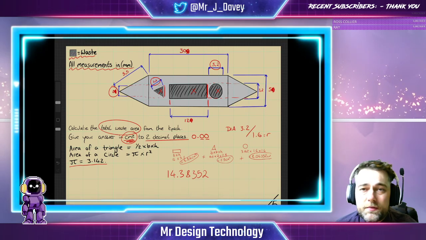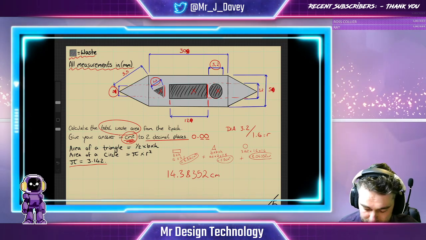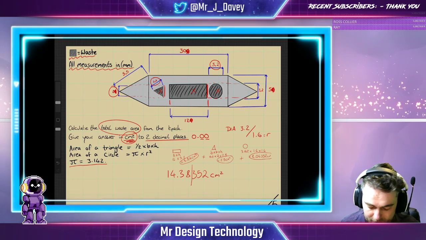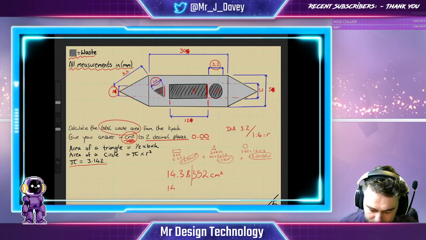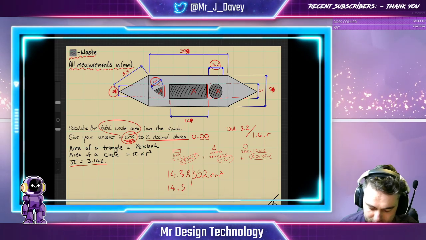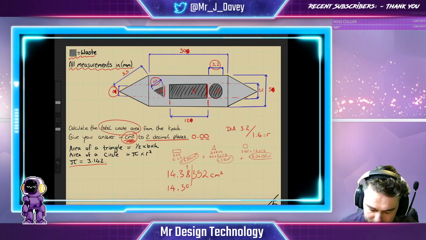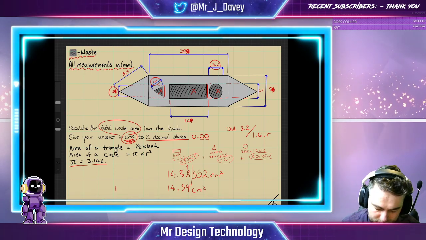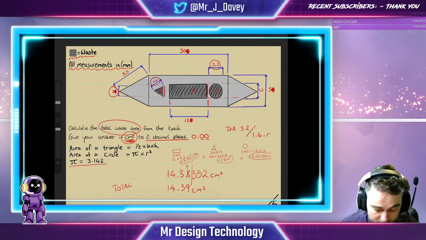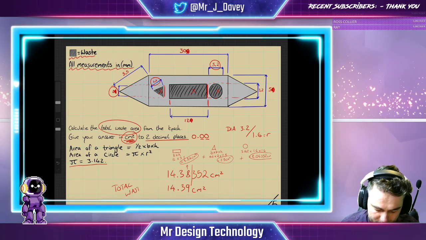And of course that is absolutely no good to us like that, because they want it at 2 decimal places. So we're going to go 14.3, 8 is taller, so it's going to turn that into 14.39 centimeters squared. And that, ladies and gentlemen, is the total waste area.